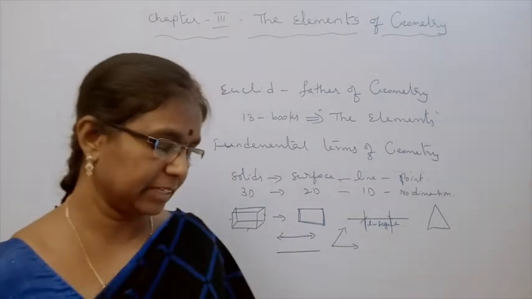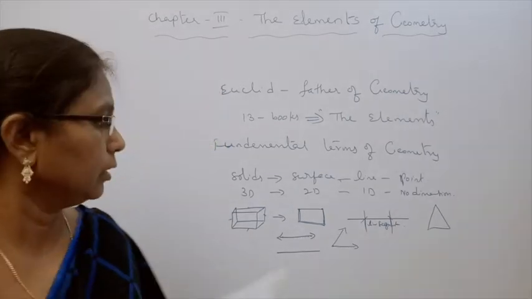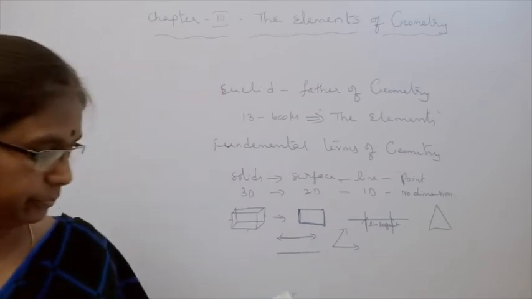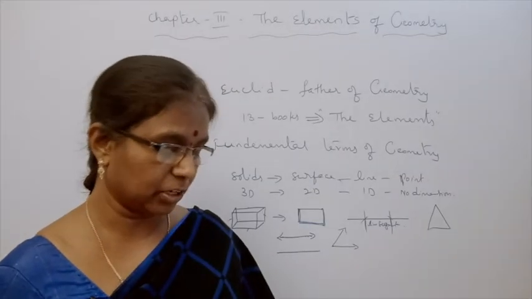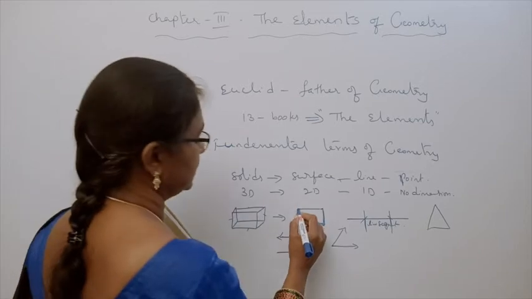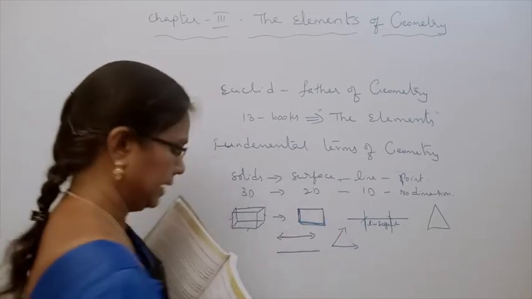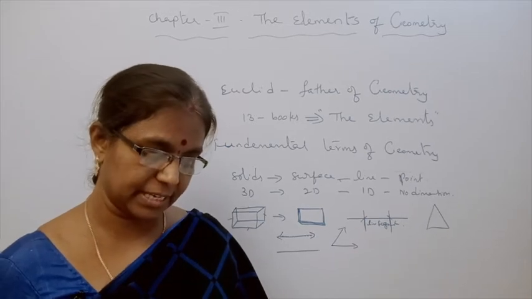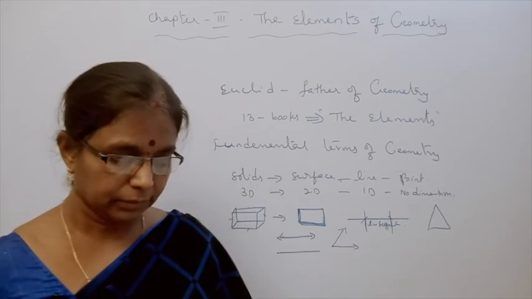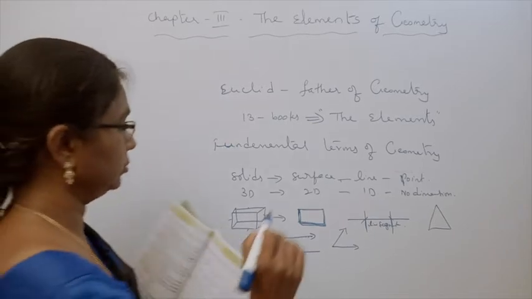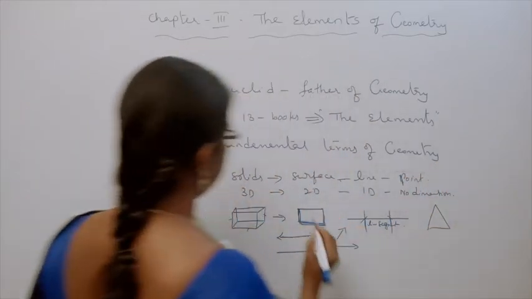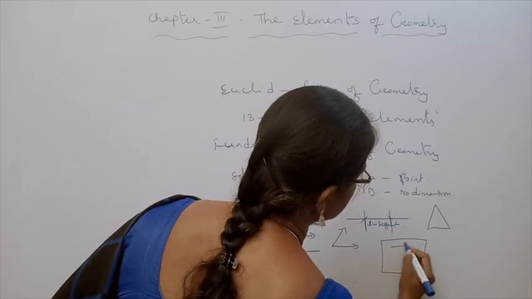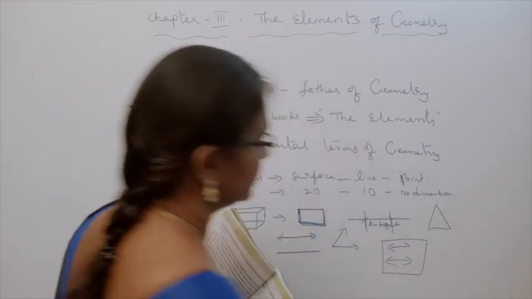A surface is that which has length and breadth only. Suppose this is the surface, then length, breadth. The edges of a surface are lines. A plane surface is a surface which lies evenly with the straight lines on itself.